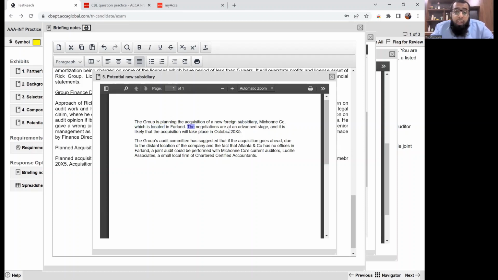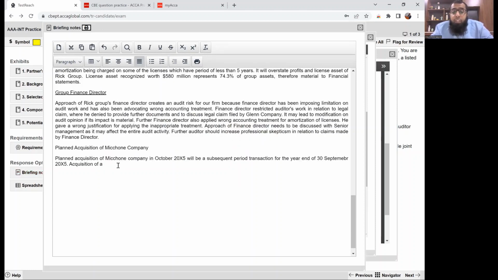The negotiations are in an advanced stage and it is likely that the acquisition will take place in October 2005. Acquisition of a subsidiary in a subsequent period will be regarded as a non-adjusting transaction to the financial statements.